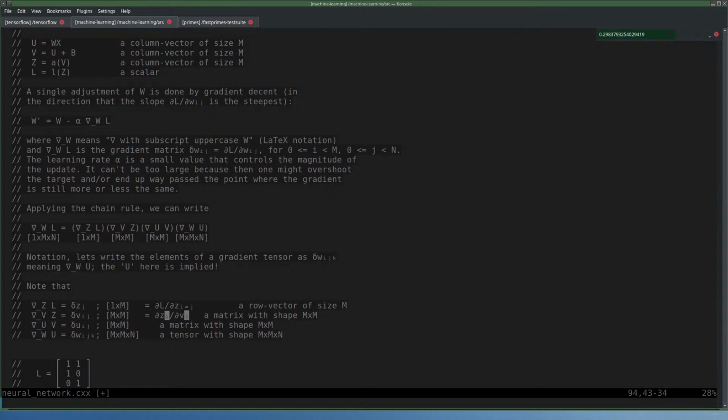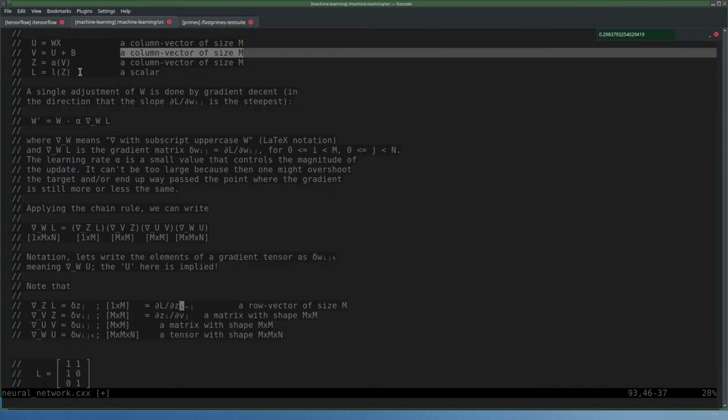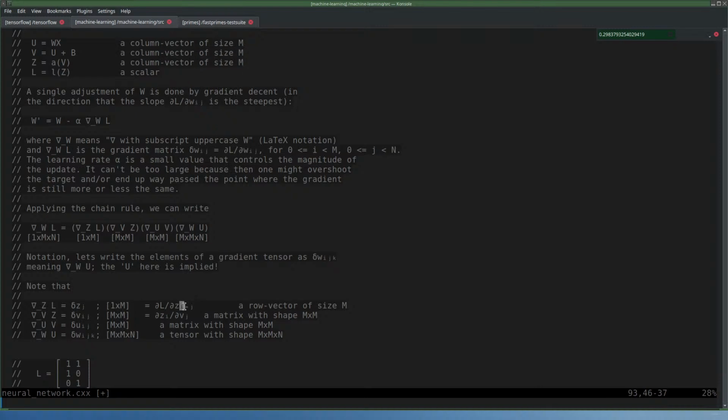And then here it's not really clear if I should use j here or there. On the other hand, if I do this, I mean, also V is just a column vector. It's no difference with Z. Both are just column vectors. So why would I use an i here? Because if I do this, I should write here also i equals j.